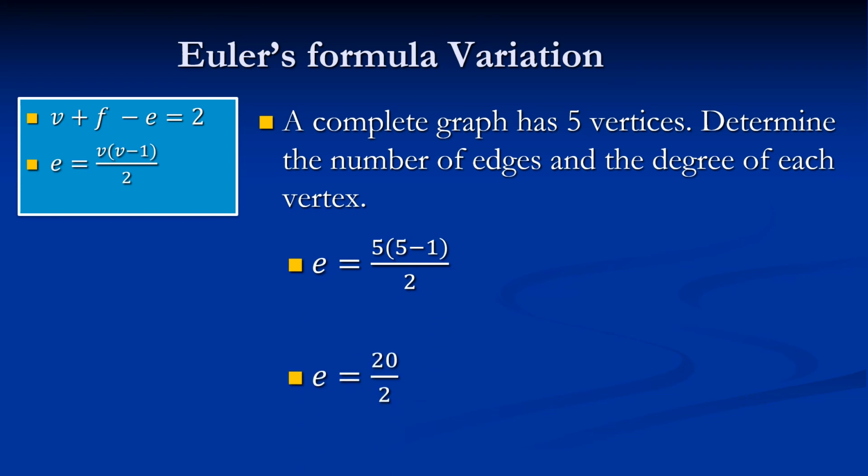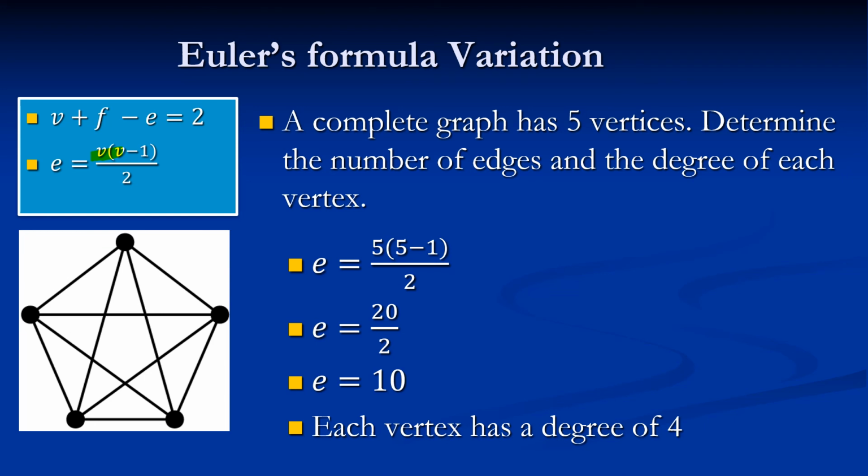So we say, well, we've got how many vertices? We've got 5 vertices. So to determine the number of edges, we just substitute in the second relationship 5 for v, so 5 times 4 equals 20. 20 over 2 should equal 10.